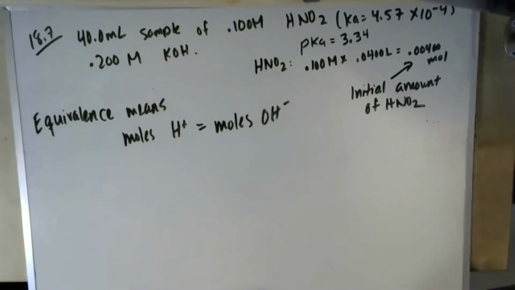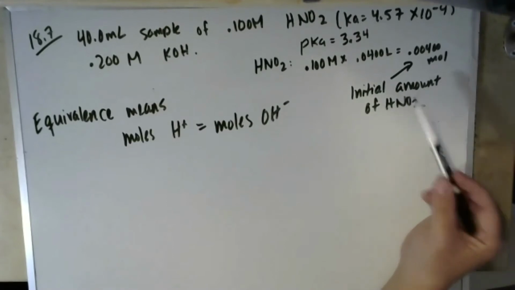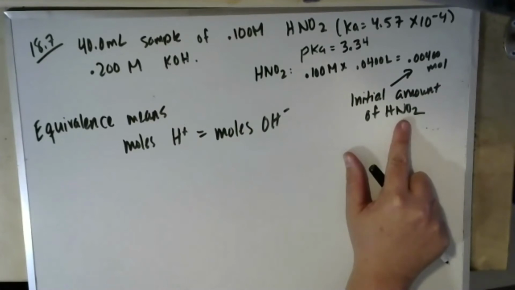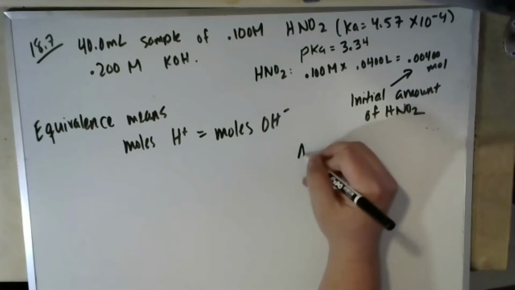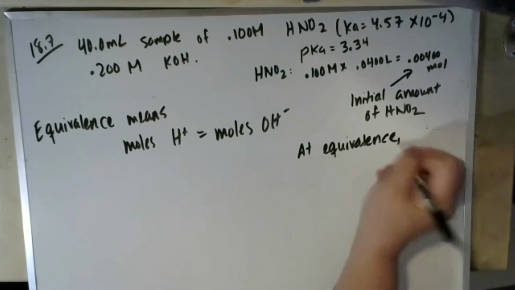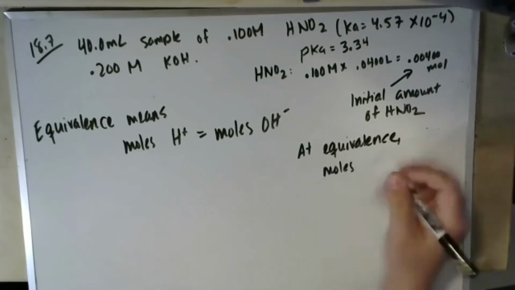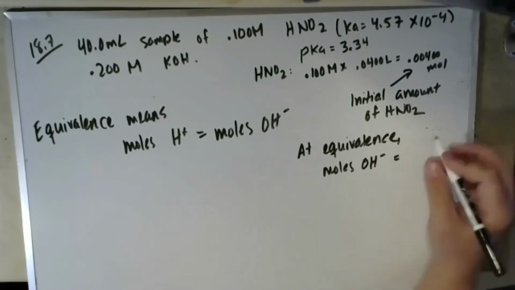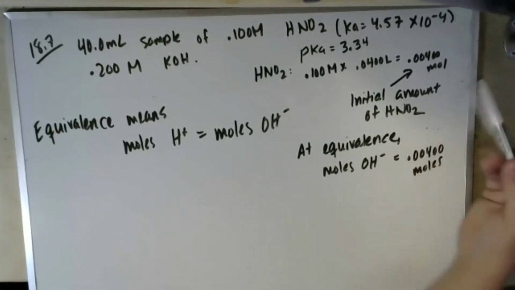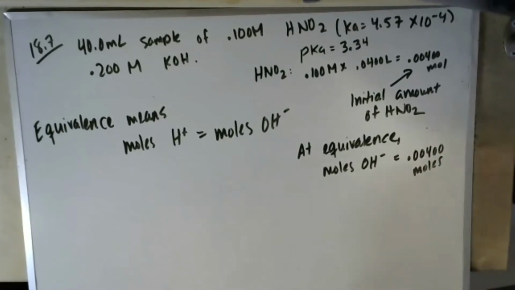All right, so we've already calculated the amount of moles of our weak acid that we have in our solution. That means that we know that at equivalence, we have to have the same mole value of KOH, right? So at equivalence, the moles of our hydroxide ion has to equal 0.00400 moles because that's how many moles of HNO2 we're starting with.